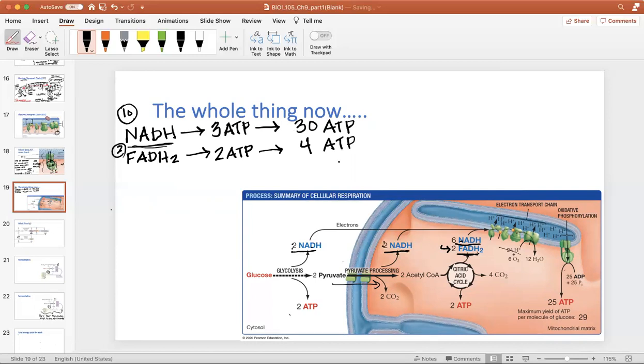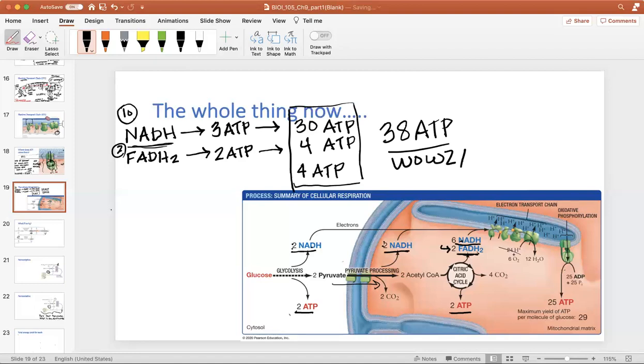So these are the ATP that we get from our high energy electron carriers, but let's not forget that we generated just a little bit of ATP from glycolysis and from the citric acid cycle. So we had 4 ATP that we already made, right? So from a single molecule of glucose, we can end up with 38 ATP. Wowza.